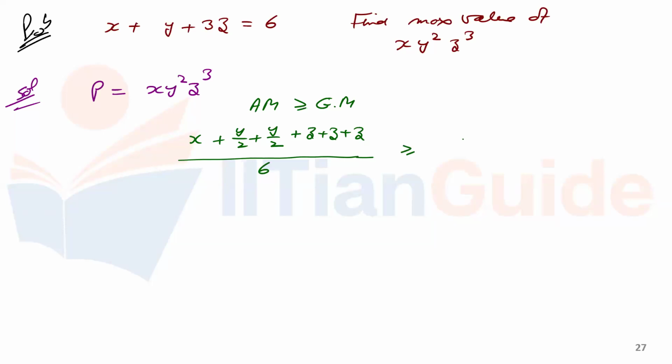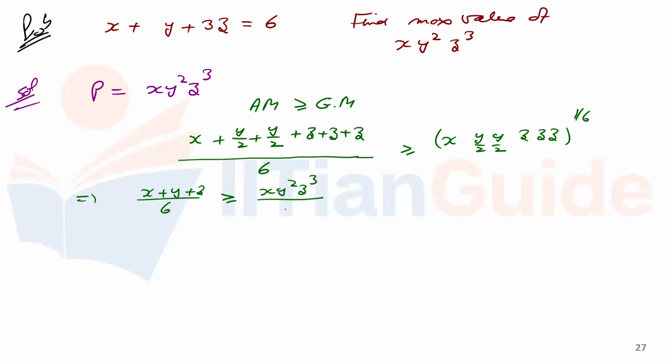That will be greater than or equal to the geometric mean, that is x into y by 2 multiplied by y by 2 multiplied by z, z, whole power 1 by 6. On the left side, I have got x plus y plus z by 6, greater than or equal to, on the right side, x y square z cube divided by 2 square, or 4 you can write, whole power 1 by 6.